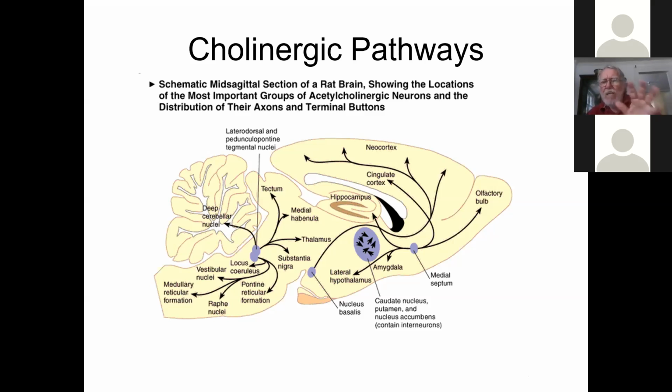But then it was finally figured out that acetylcholinesterase, in addition to breaking down acetylcholine, has other activities.